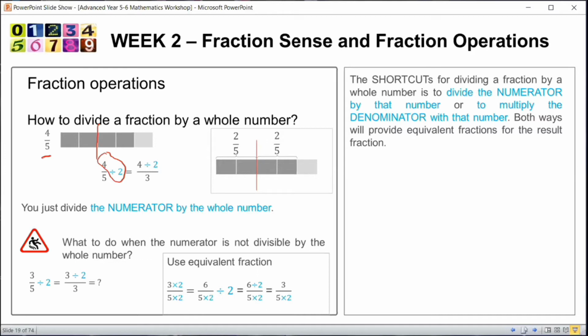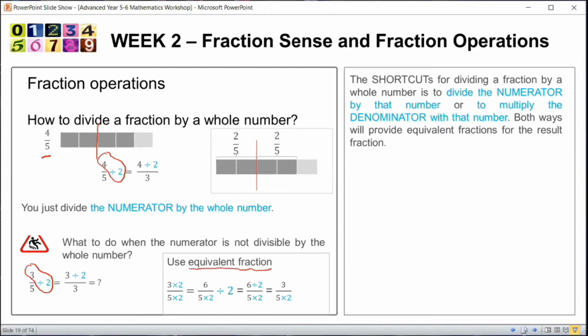For example, this one. If you try to divide the top, you have a problem because 3 divided by 2 is not a whole number. Yes, you can still do it in this case, but before I talk about that, I want to show you the normal way. You can use what I call equivalent fractions.